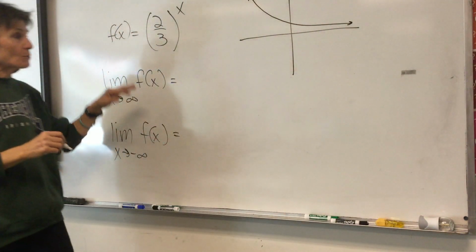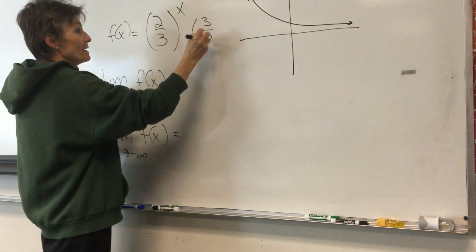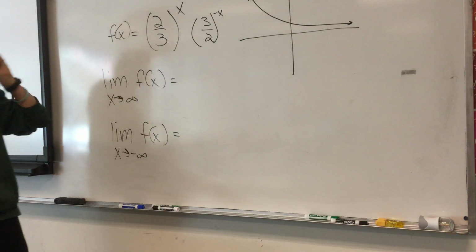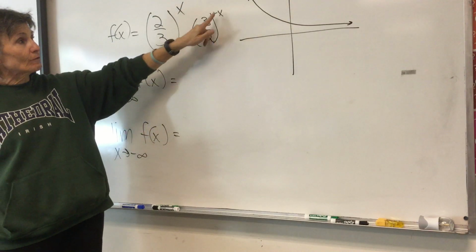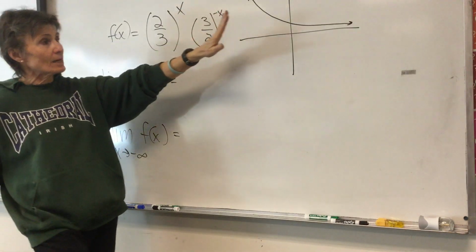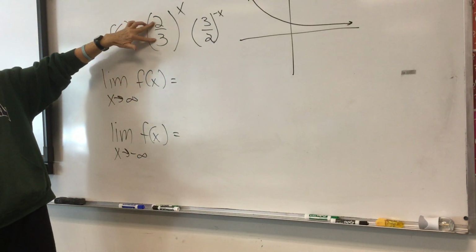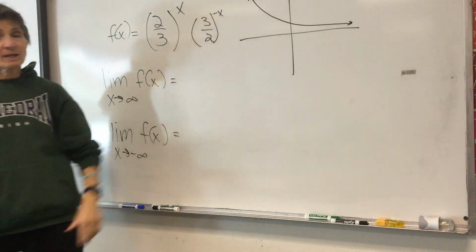Now you can also think about that by flipping this over and making it 3/2 to the negative x. Then you'll have your positive, which would be your normal growth curve, but it's reflected across the y-axis. So you're either going to think about this as decay, or you're going to think of it as a reflection.